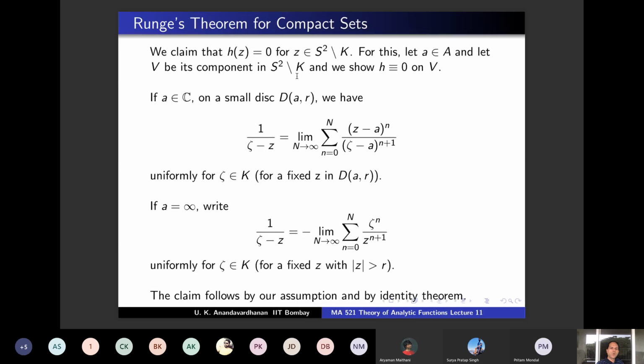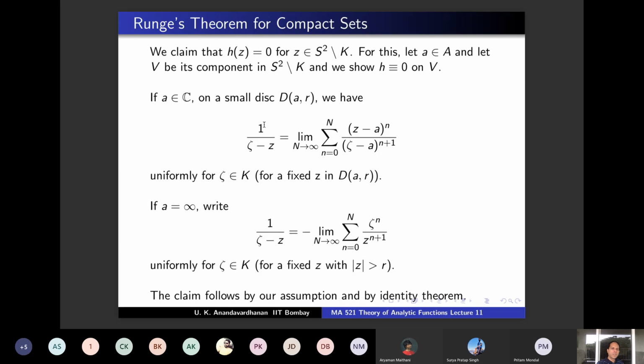So the claim follows: H is identically 0 follows from our assumption and by the identity theorem. Why is that? What does our assumption say? Our assumption says that the integral of r d mu is 0, and this is an example of one such r. Similarly for the other one.